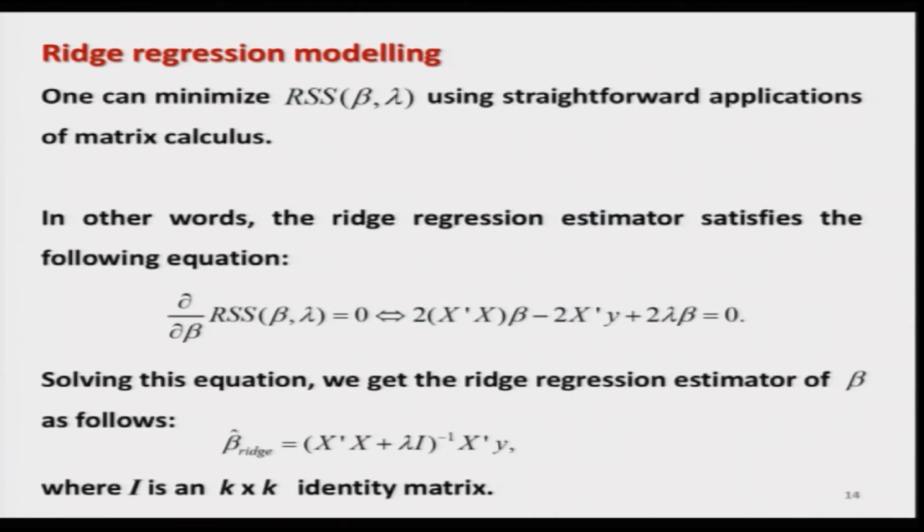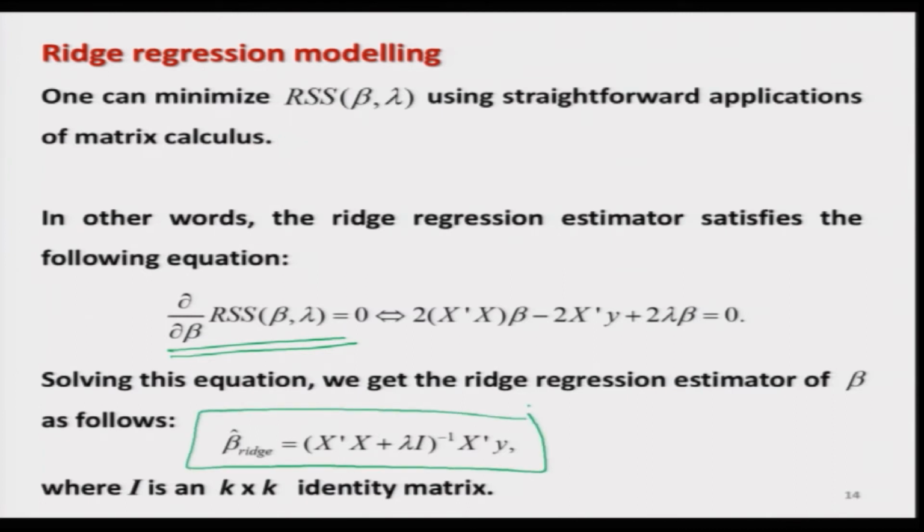Now, if you simply differentiate this RSS of beta and lambda with respect to beta and lambda and solve those two equations, you will get the ridge regression estimator like this.